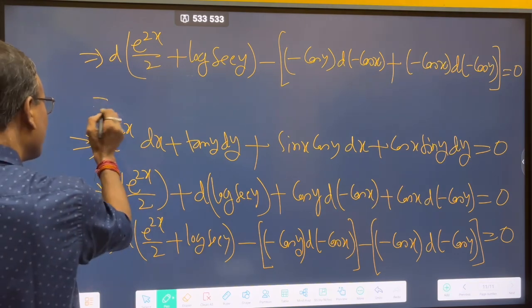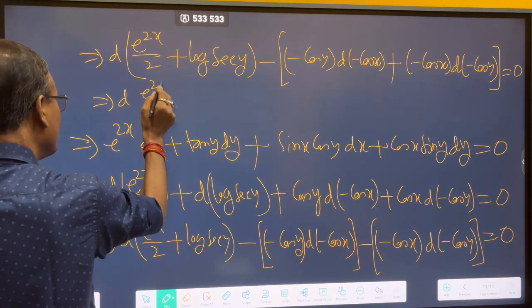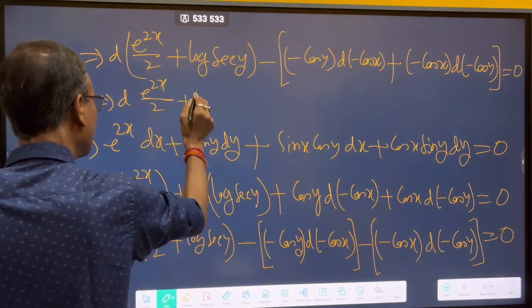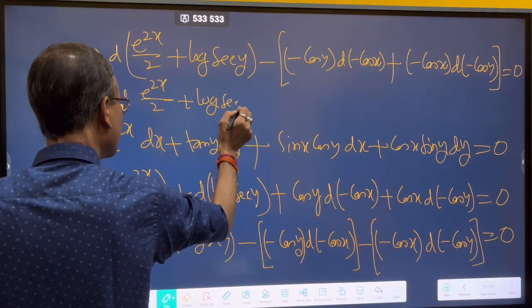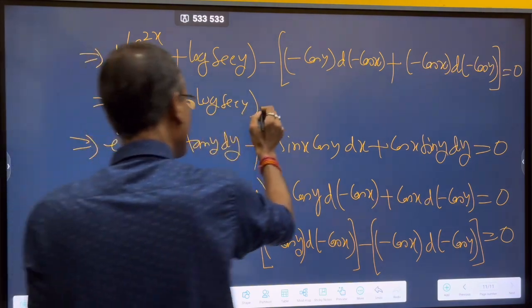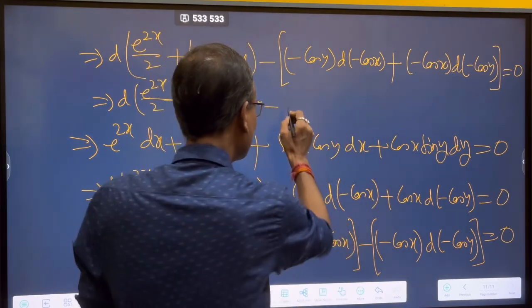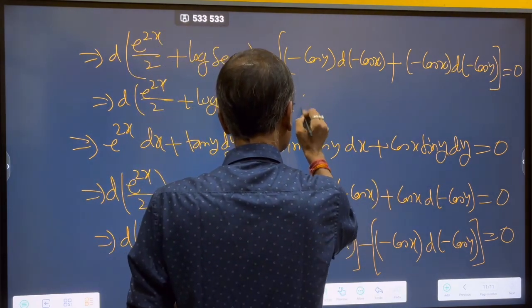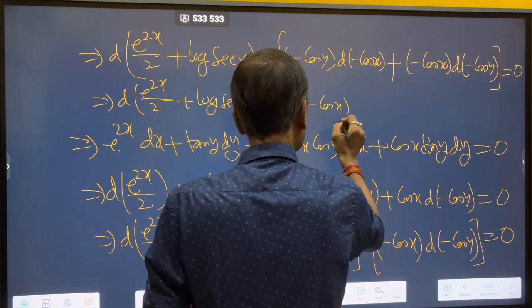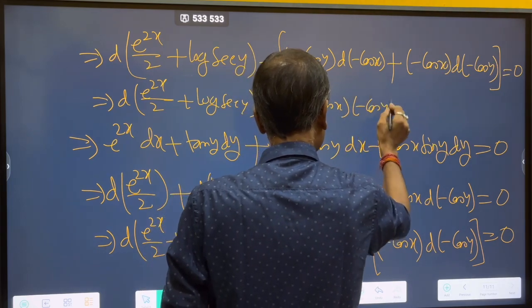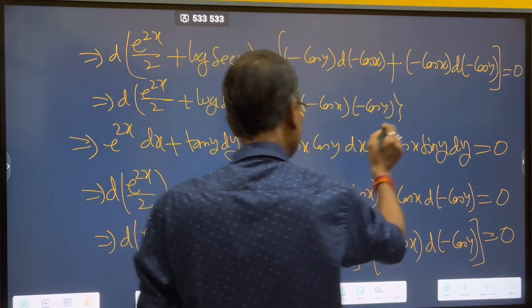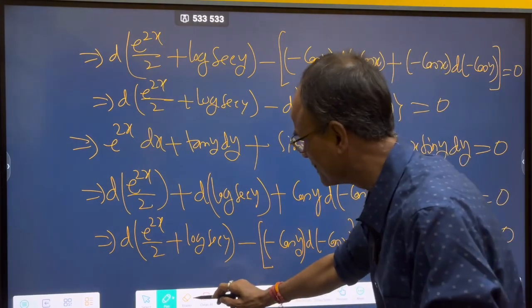Or d of e to the power 2x by 2 plus log of sec y minus, it is first function times differentiation of the second function, the product rule like this, minus cos x minus cos y equal to 0. We may write like this.